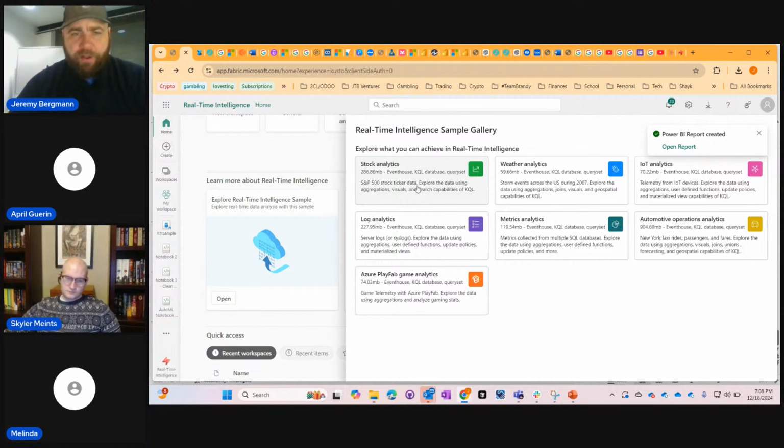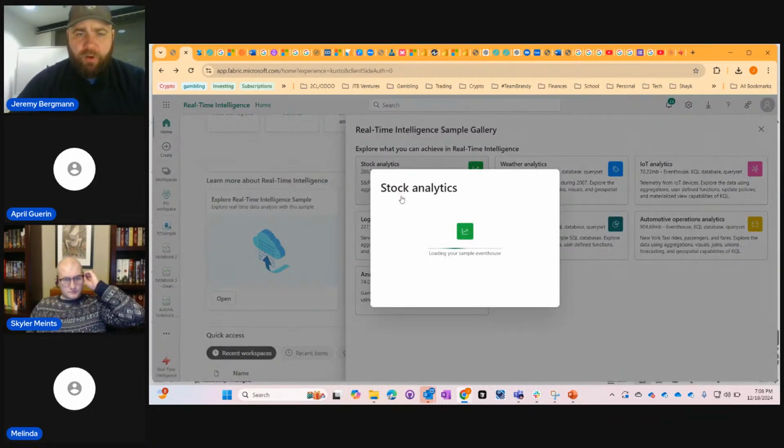You can do this and it'll connect to a stock market service of S&P 500 stocks. And then you could see the workflow in real time. So lots of these examples within Fabric. That is one of the good things about Fabric, is at least you can build from the start, but it gives you some breadcrumbs or examples of how to get started.